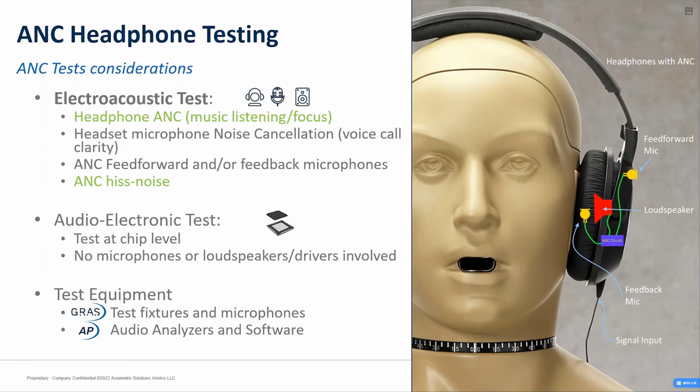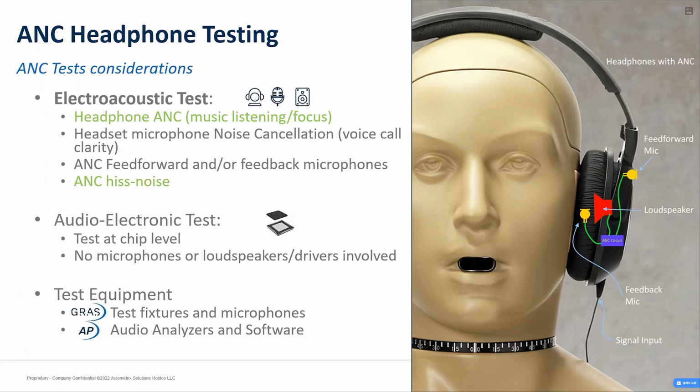And now it's time to make some clarifications related to electroacoustical tests, because sometimes when I mention ANC to an engineer, it might mean a slightly different thing to another engineer. So what do I mean by headphone ANC?